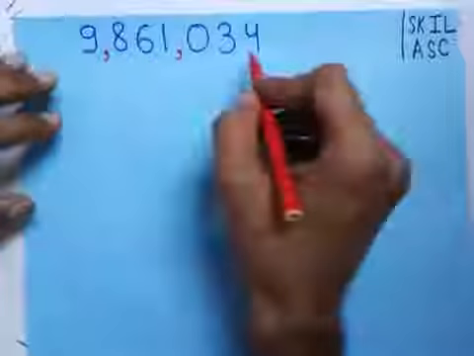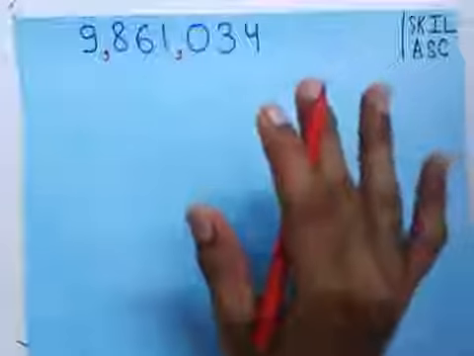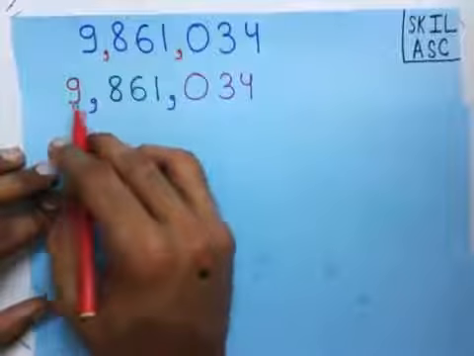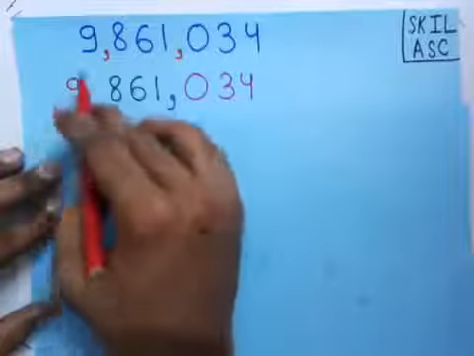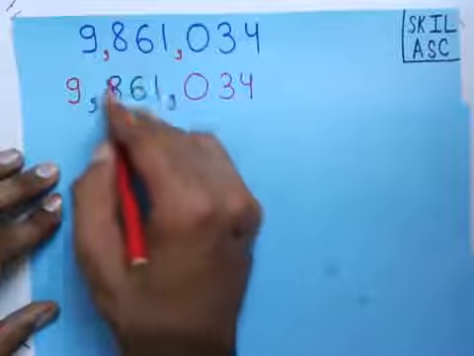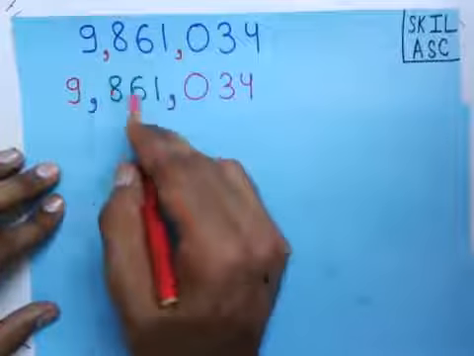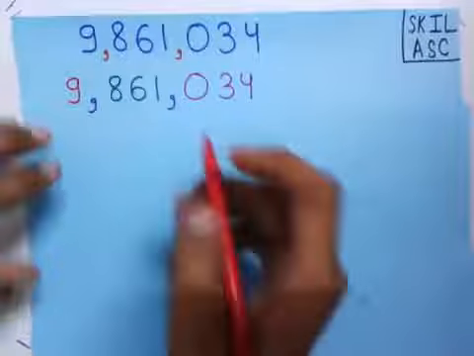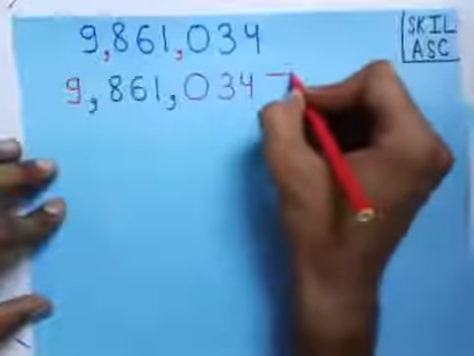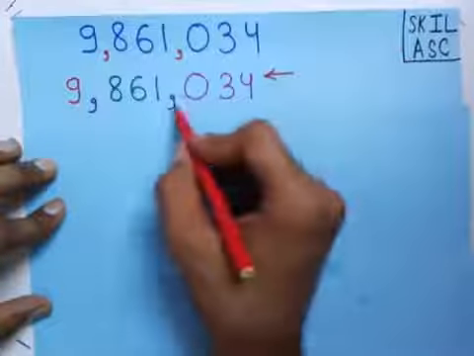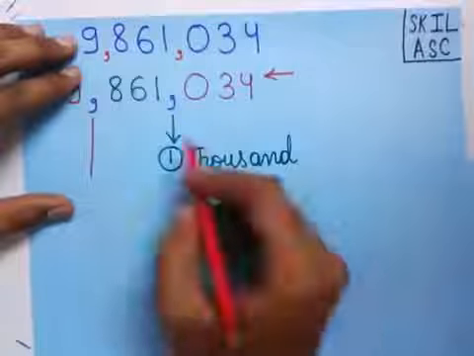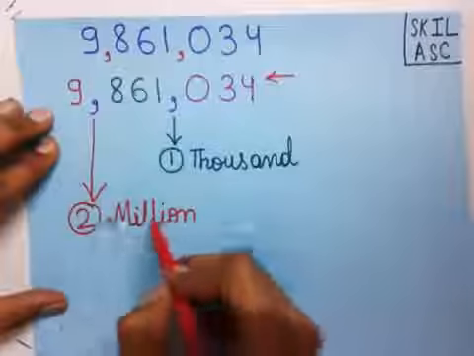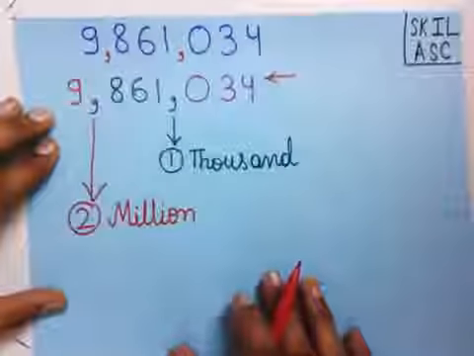Now we have broken this large number into smaller numbers, and each is a new number which is small and we can read it. Now we start from this side, and we have the first comma. We put thousand under the first comma, and then million under the second comma.